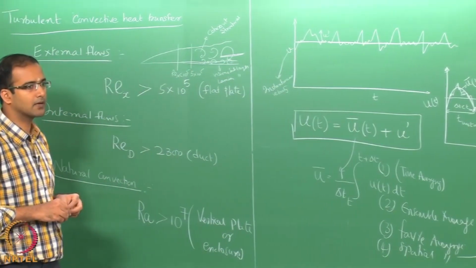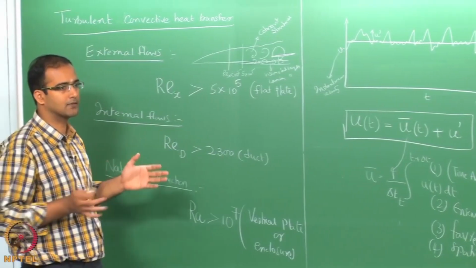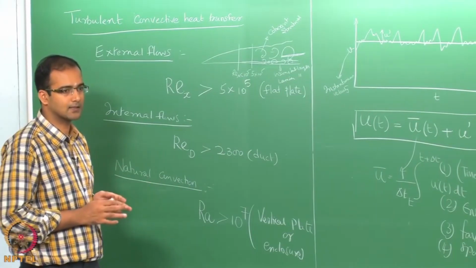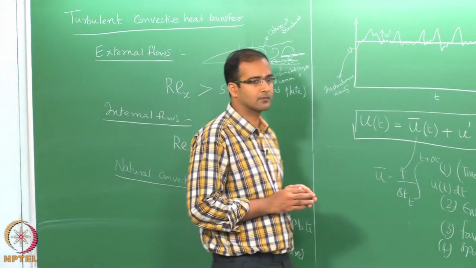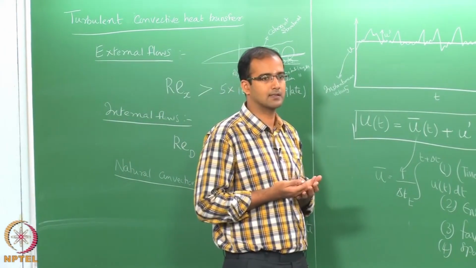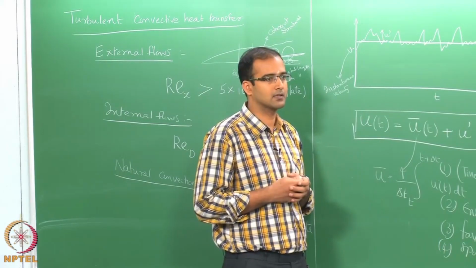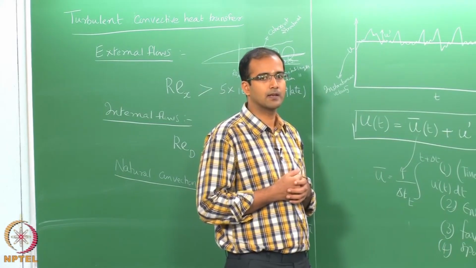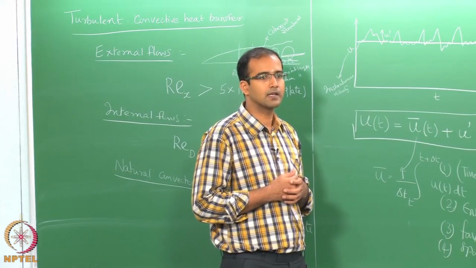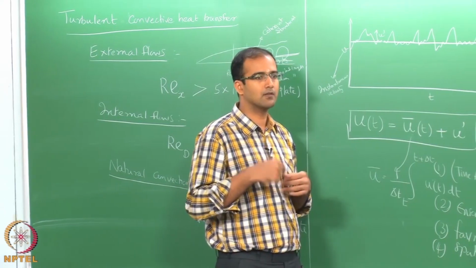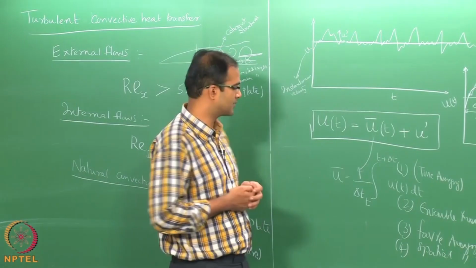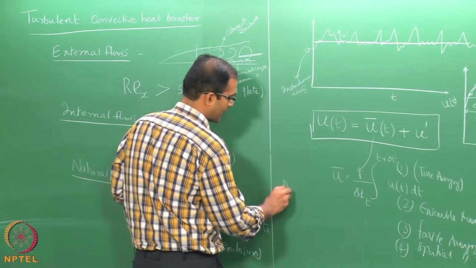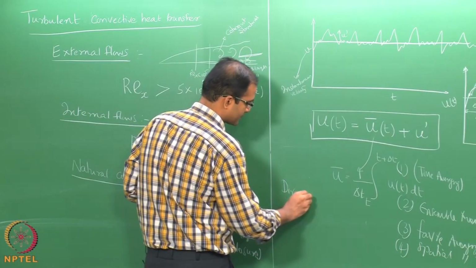For this, in the most generic case, we solve the Navier-Stokes equation as it is. There is no analytical solution to that, we only do it numerically, but we use a grid size which can actually resolve all the length and time scales. This kind of treatment is called direct numerical simulation.